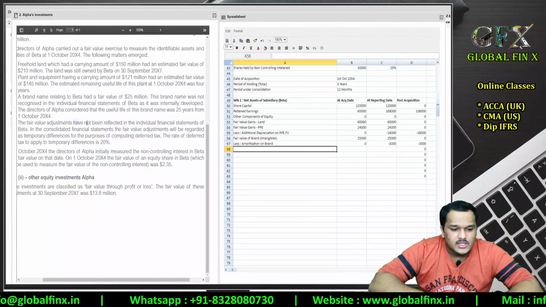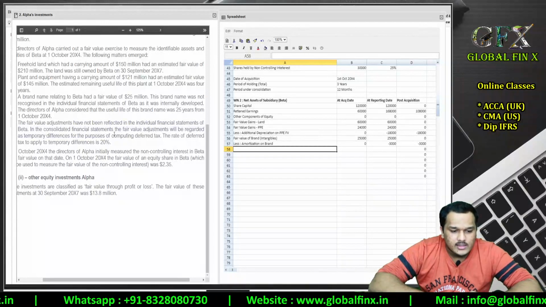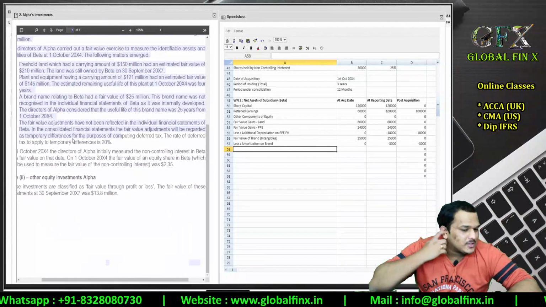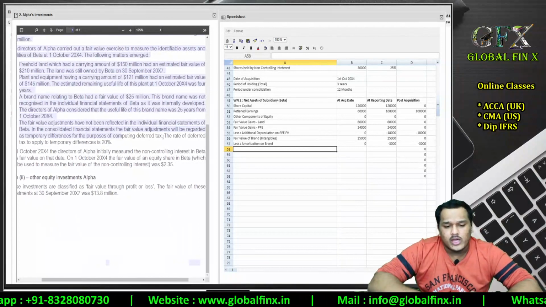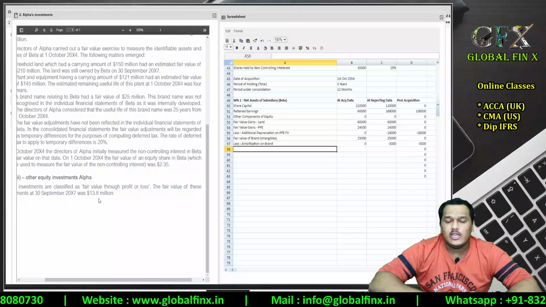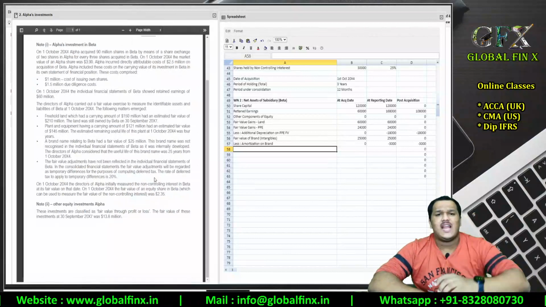The fair value adjustments have not been reflected in the individual statements, which is common sense. In the consolidated statements, the fair value adjustments will be regarded as timing differences for the purpose of computing deferred tax. We already know that whenever there is a fair value increase, a revaluation gain, that will result in a deferred tax liability.